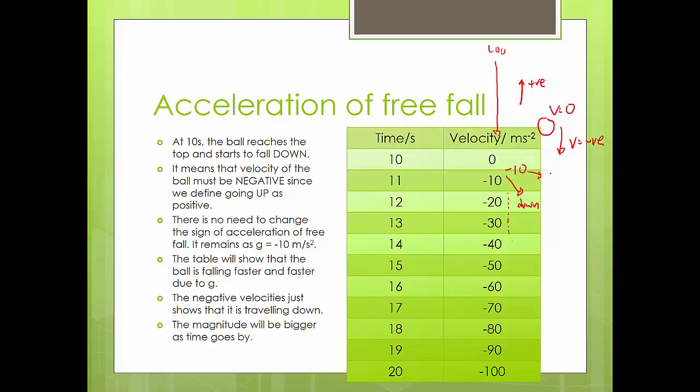The value 10, 20, 30 tells you how fast, and it is becoming faster and faster. So it describes the entire motion: going up, the velocity is 0 at the top, and then as it falls down the velocity becomes negative 100, which is faster and faster, and g will still be negative 10, be it going up or going down.